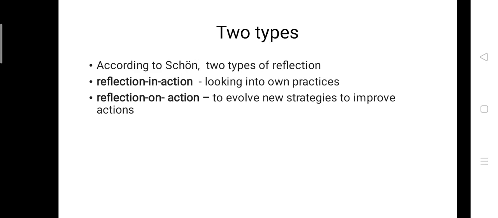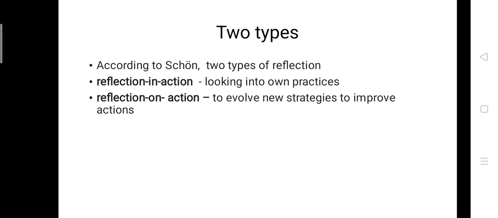And there are mainly two types of reflection. According to Schön, there are two types of reflection. One is reflection in action and the other is reflection on action. So reflection in action is looking into our practices.